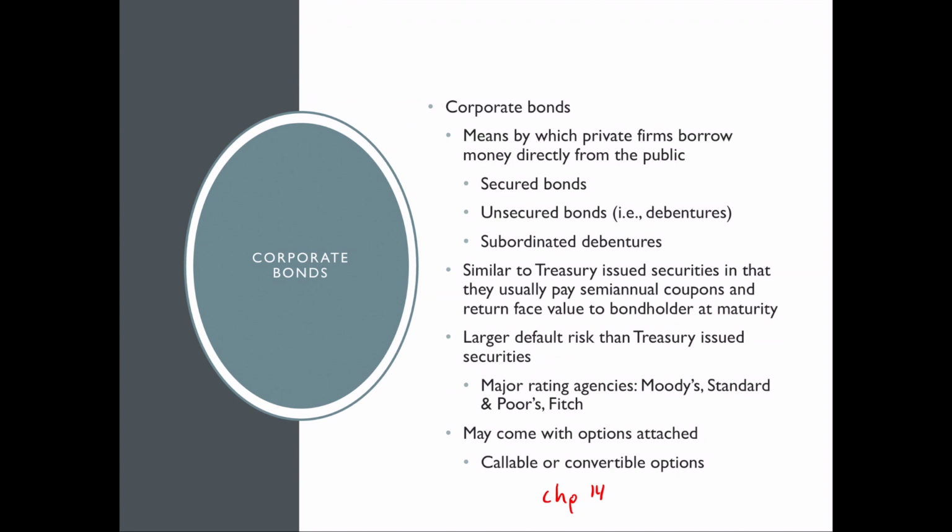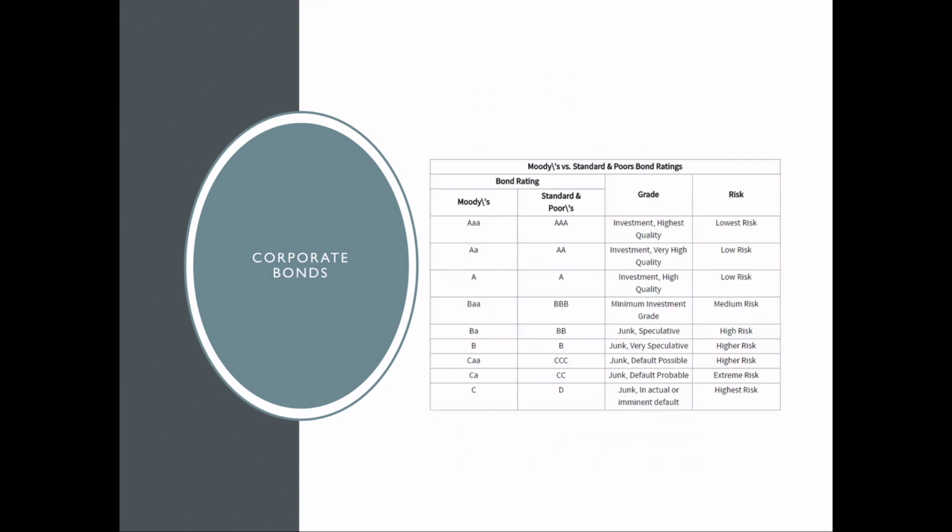But going back to these rating agencies and the different ratings that they provide, here's a look at the different ratings of Moody's and S&P's. You can see what the different ratings are that they provide, and then you can see what type of grade the securities are. For Standard & Poor's, anything triple B and above is called investment grade. So these are the ones that have low default risk. Anything below that is called speculative or junk bonds, or sometimes they're called high yield bonds.